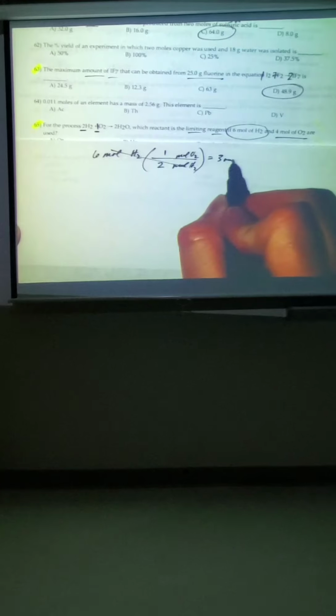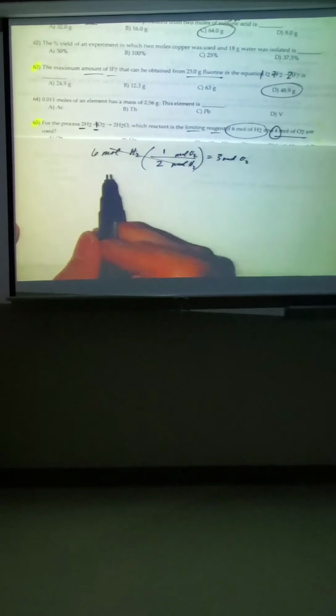So let's cancel moles of H2. This is much like in the PowerPoint with the cheesecake example. We need moles of O2. In the balanced chemical equation, it says we need 2 H2s for every imaginary 1 O2. So 6 divided by 2 says we need 3 moles in order to use up our H2.